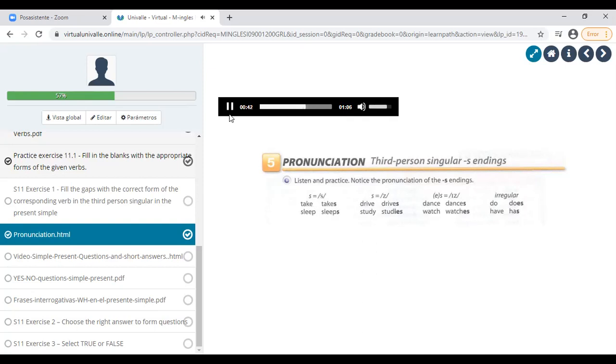ES equals IZ. Dance, dances, watch, watches. Irregular: and then also we have for irregular, do, does, have, has, okay?